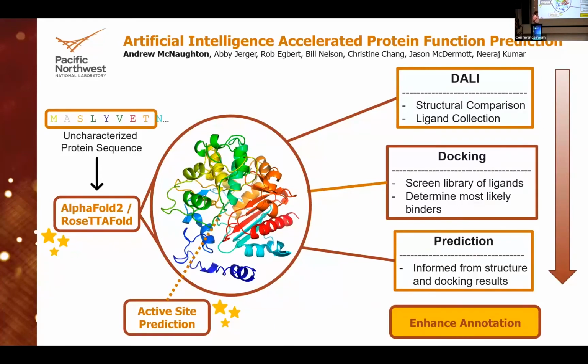In the world of genome scale models, there's a large quantity of genes that are known, have known function. There's also a large quantity of hypothetical proteins, hypothetical genes, and uncharacterized proteins. Our objective is to use AlphaFold and RosettaFold to predict structures from uncharacterized protein sequences.